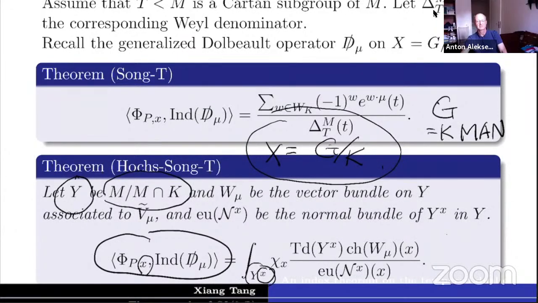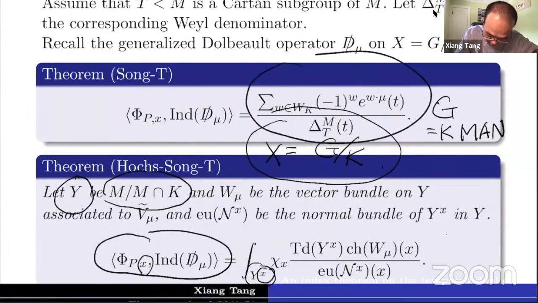Okay, thank you. And is the formula above a particular instance of the formula below? The formula with this alternated sum over the Weyl group of K? Thank you. So that's a very good remark and suggestion. Actually, we can derive this formula from this.